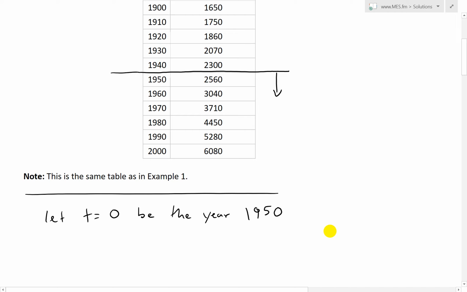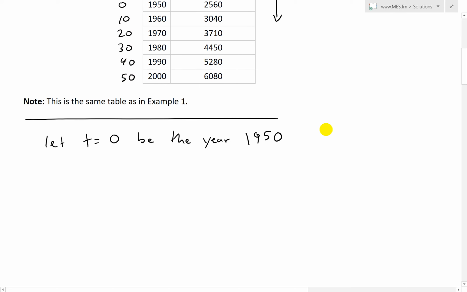Instead of writing t as 1950 all the way to 2000, we'll just set it up like this. This is the time here, time is 0, then this is going to be 10 years. So these are the years after 1950: 10, 20, 30, 40, 50, etc. This is just easier to work with.